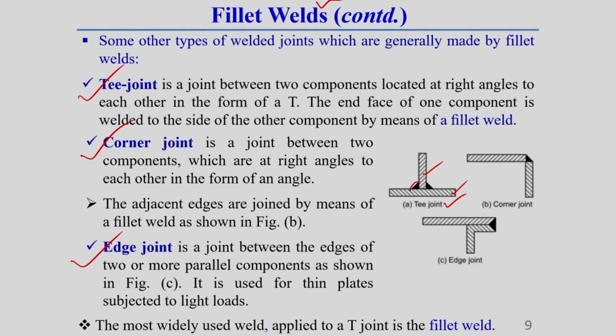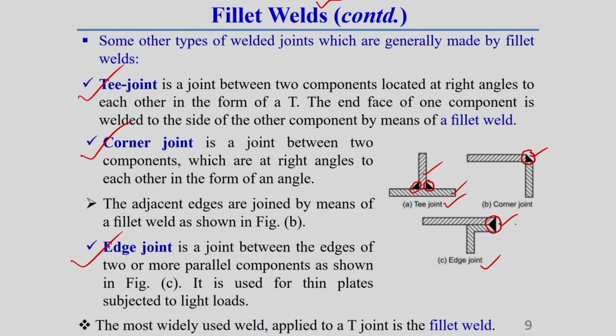But here the welding is done by fillet weld; you see the shape of the weld is triangular in nature. Similarly, the corner joint is also done by fillet weld, because the shape is triangular in nature. Similarly, in the edge joint also, the weld shape is triangular in nature.